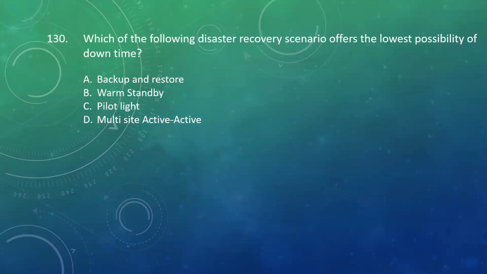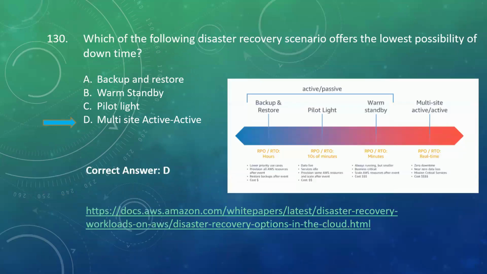Question number 130. Which of the following disaster recovery scenarios offers the lowest possibility of downtime? Your options are backup and restore, warm standby, pilot light, multi-site active active. When it comes to lowest downtime or zero downtime, then the correct answer is multi-site active active disaster recovery.